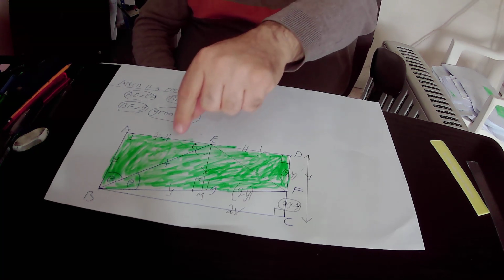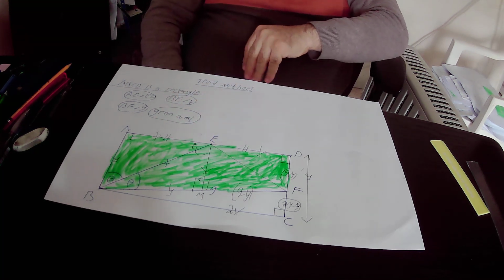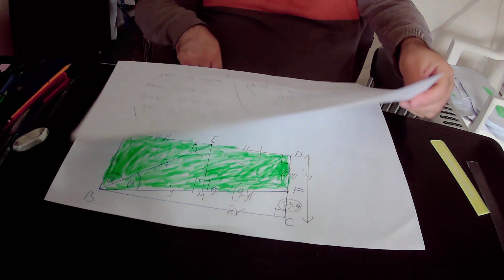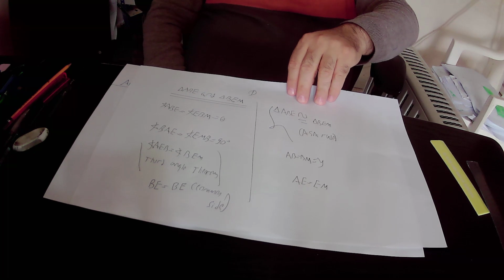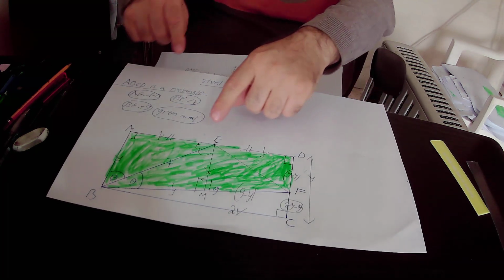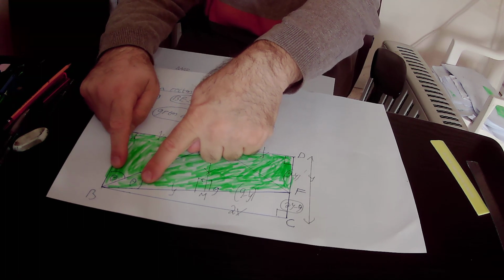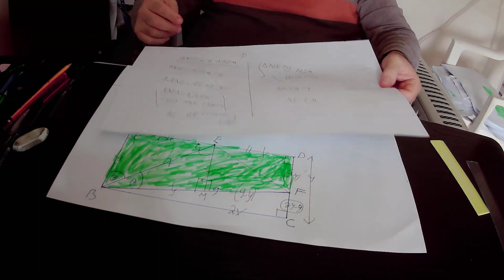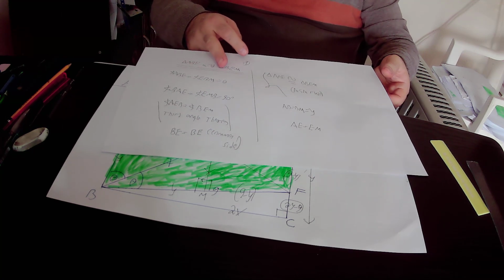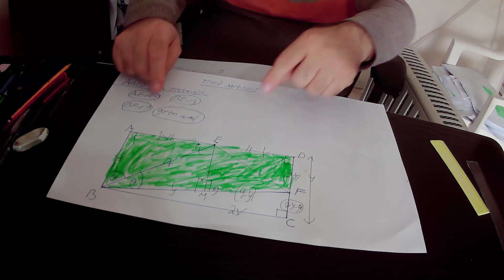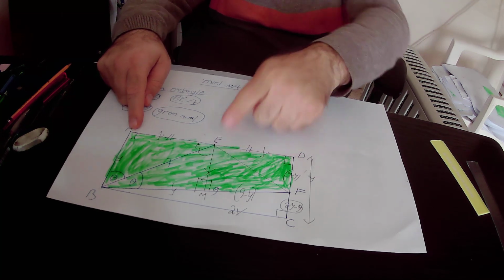Then we prove that those two triangles are congruent. First of all, we know that those two angles are equal to each other. They are both equal to theta, so angle ABE equals angle EBM equals theta. And those two angles are right angles, therefore they are equal to each other.